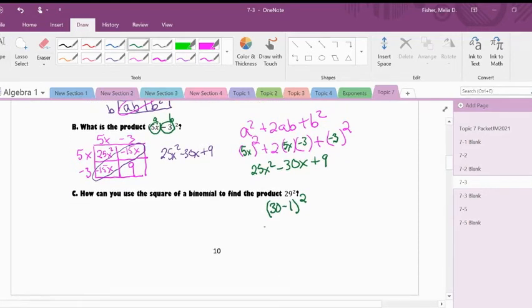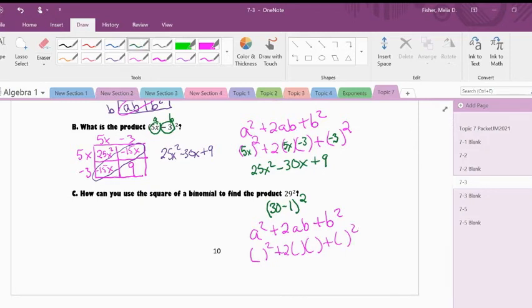Now we can use the formula a squared plus 2ab plus b squared, and we can plug in our a value and our b value, and a would be 30 and b is negative 1.